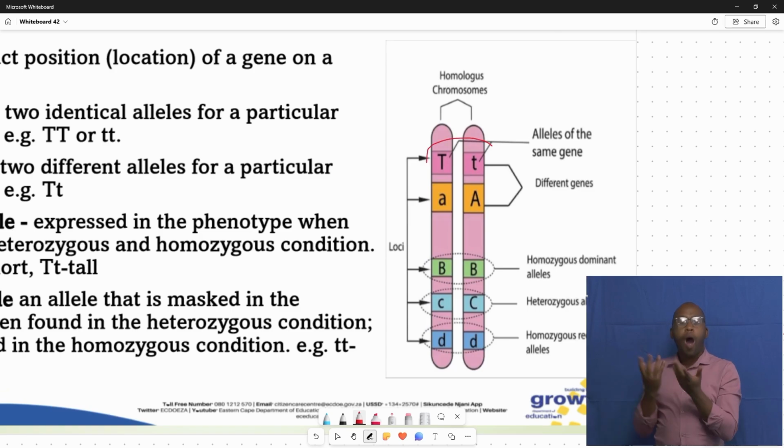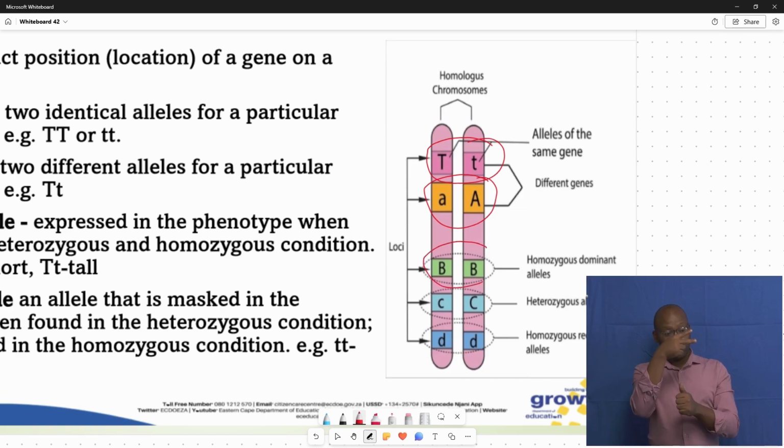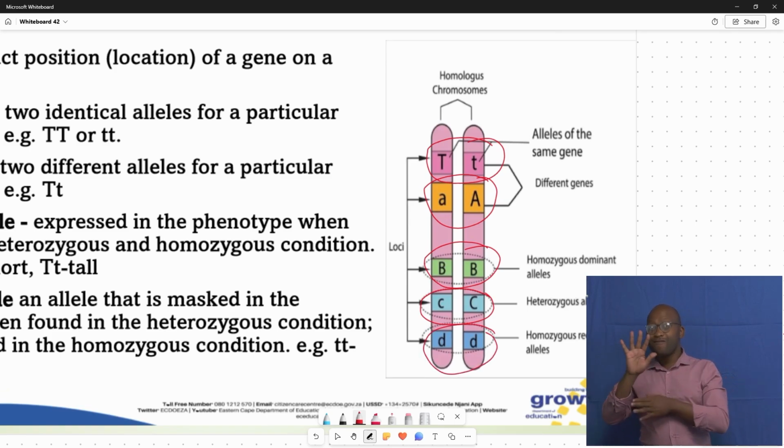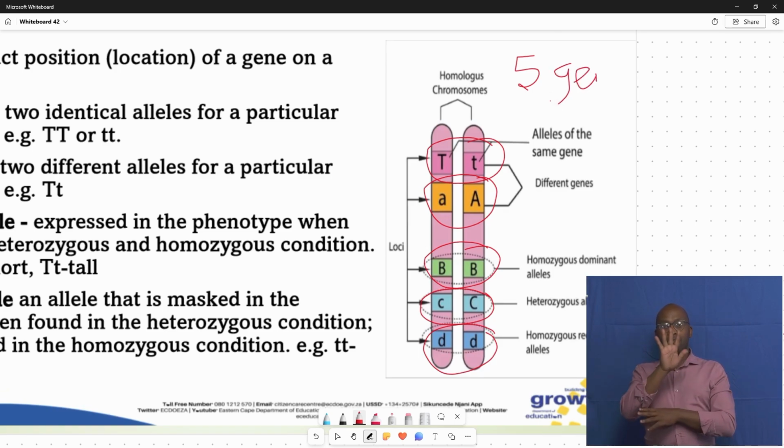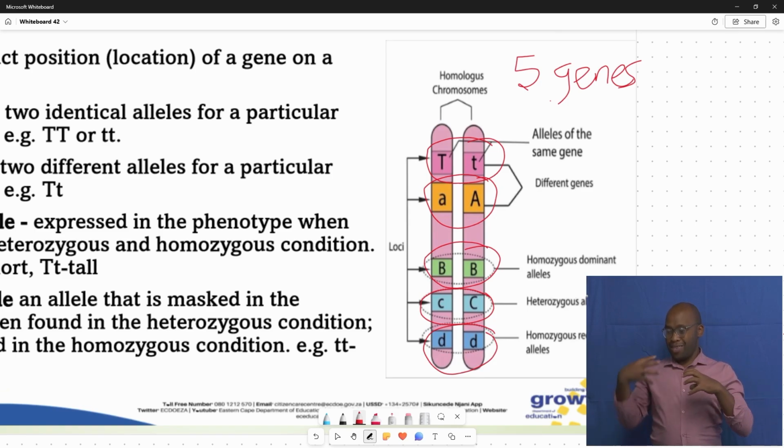We have this gene, which has two alleles, the second gene, which also has two alleles, the third gene with two alleles, the fourth gene, and the fifth gene. So from this diagram, we have 5 genes. An organism does not inherit a gene from one parent, but rather inherits an allele from each parent, and those alleles, sitting on homologous chromosomes, form a single gene.